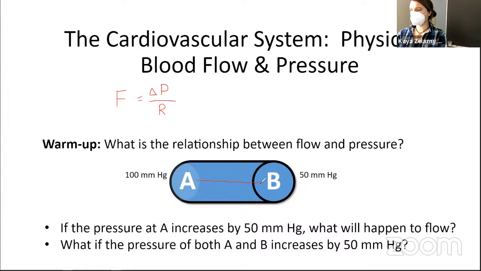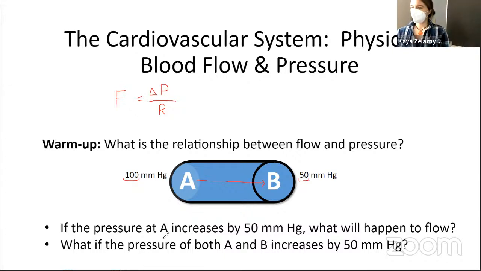So we're going from A to B, not a trick question. This is because pressure has gradients, right? And we're always going to be expecting our flow to move along that pressure gradient. So we're going from our high pressure of 100 to our lower pressure of 50 in our initial situation.